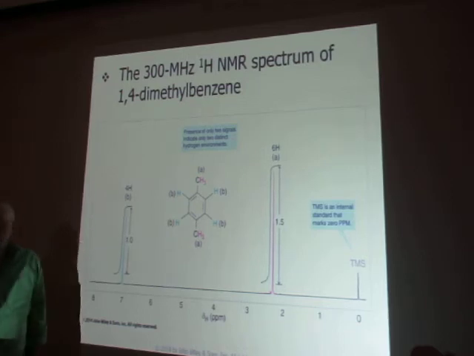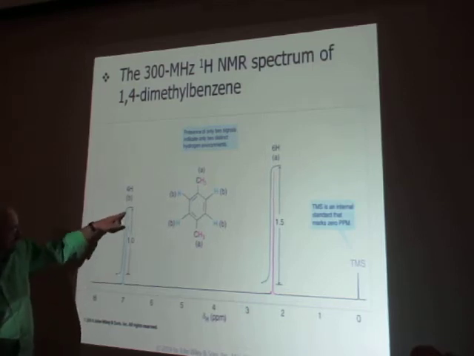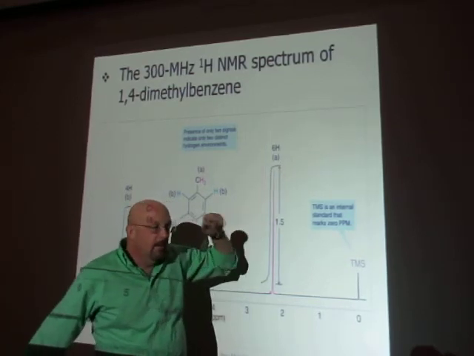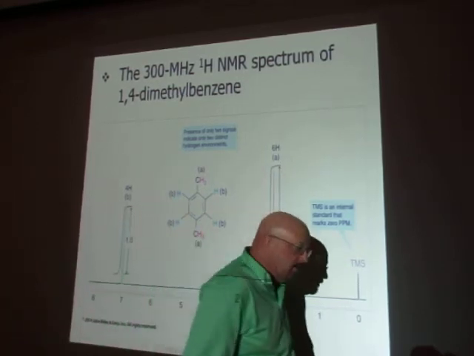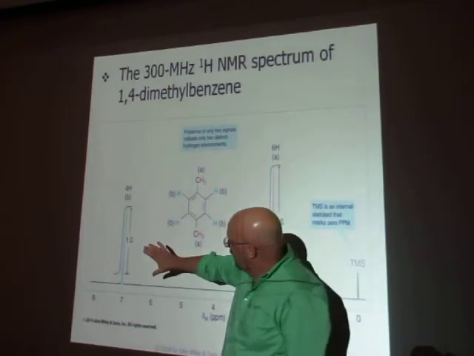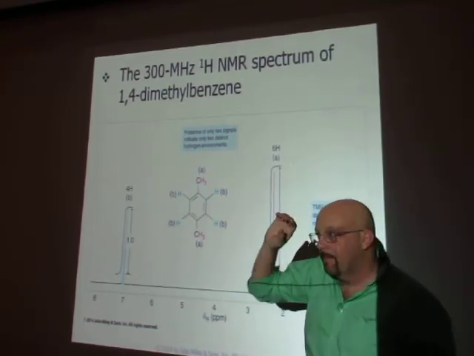Now, there's something else on this particular spectrum, and that's going to lead us into the next topic. These little lines here. These are called integration lines. This is integrating from 1 to 1.5.